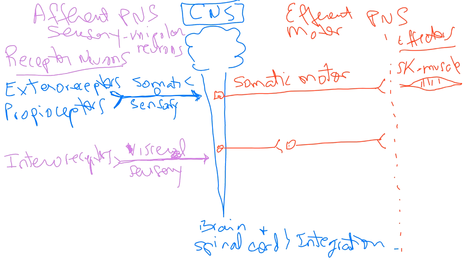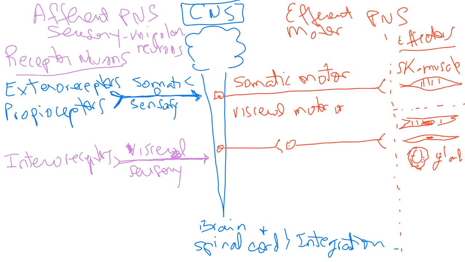The effector organs can be cardiac muscle, smooth muscle, or glands. I don't know how to draw a gland. Let's just make something like this for a gland. And in this case, the division is going to be the visceral motor or autonomic nervous system, which acronym is ANS.